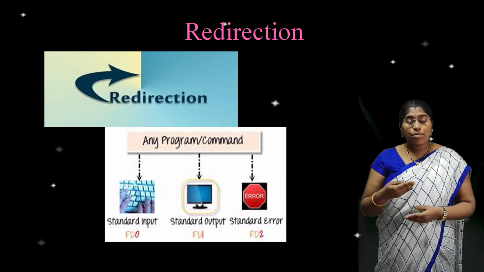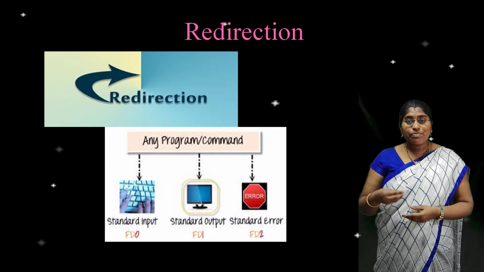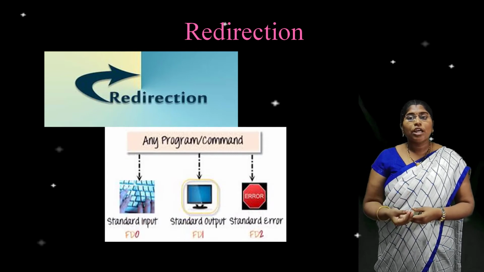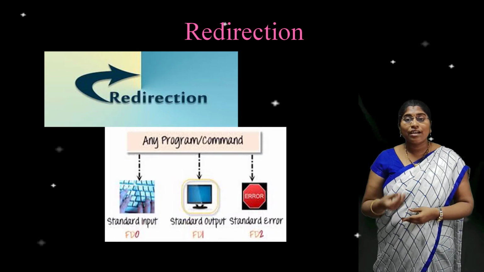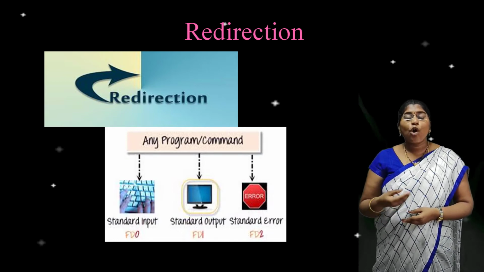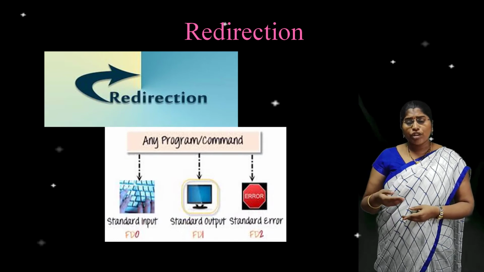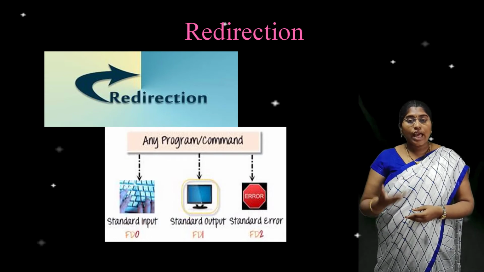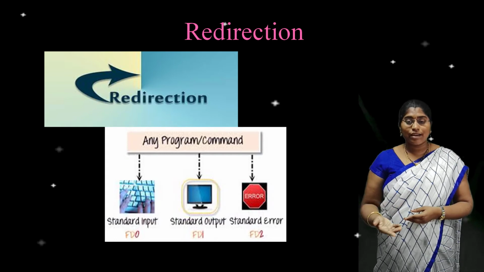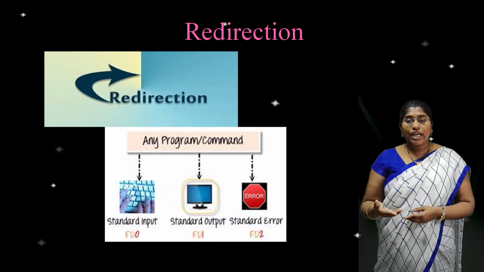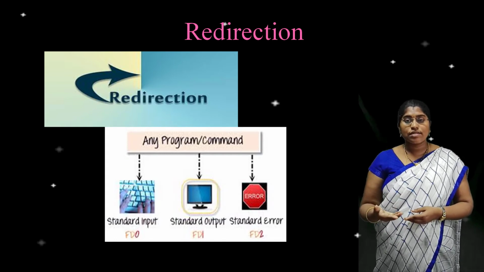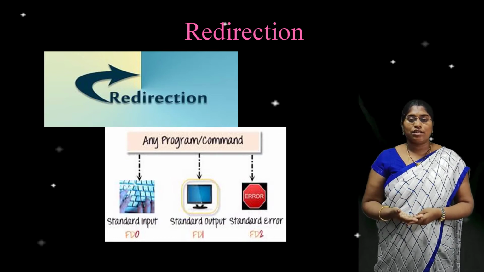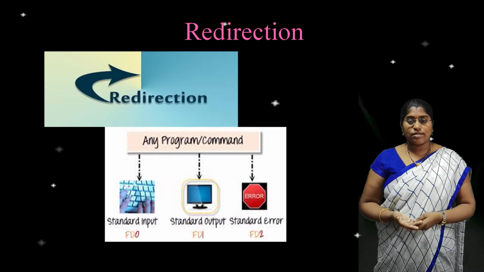Redirection is the process by which we specify the files to be used in place of one of the standard files. With input files we call it input redirection. With output files we call it output redirection. With the error file we call it error redirection. These are the different types of redirection process: input redirection, output redirection, and error redirection.